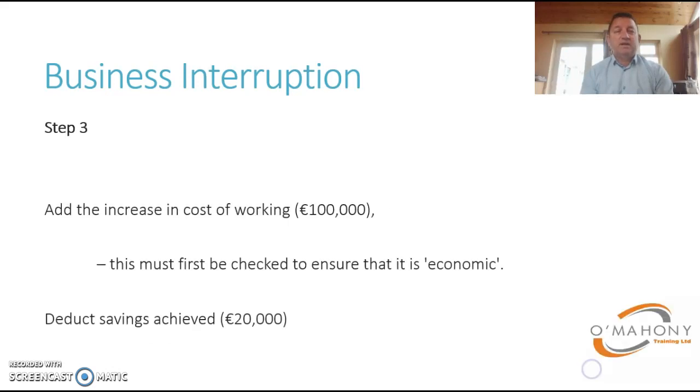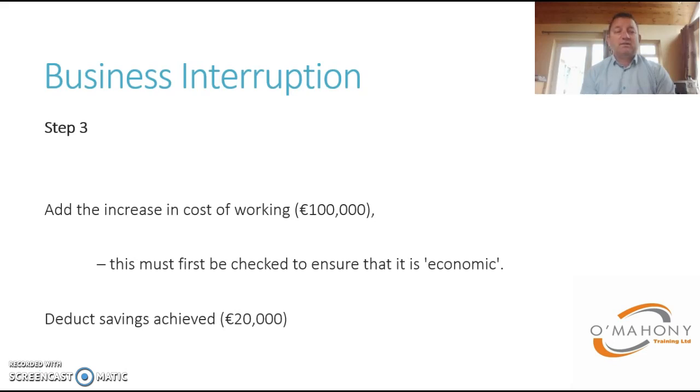In step 3, we need to add the increased cost of working at 100,000. So this figure was agreed with the insurers. So this figure is the cost of renting equipment, renting premises, other expenditure in order to keep the business up and running. Now there is a check to make sure that what we're spending is economic or it makes sense.